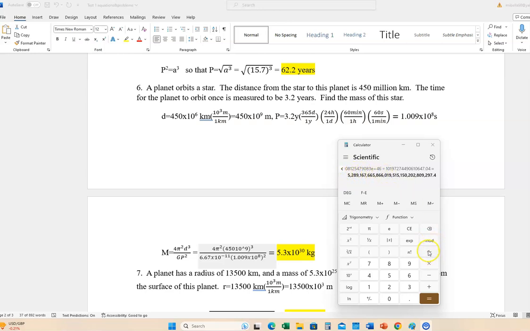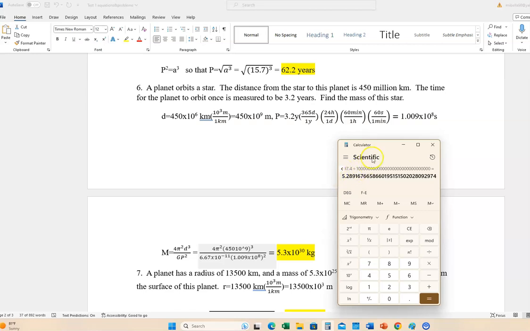I'm going to round this to one place past the decimal, so I round up, the 2 becomes a 3.